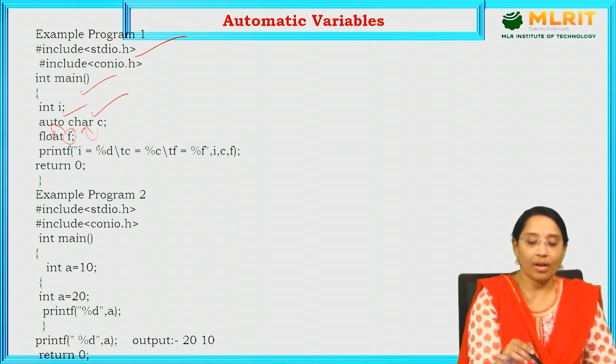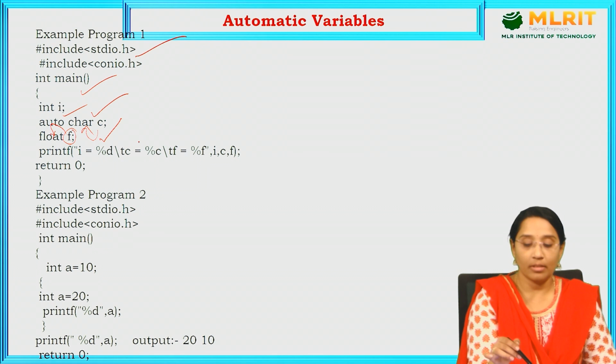So printf i is equal to %d, \t to get one tab space, and c is equal to, because we are using a character data type, the format specifier for character is %c, and here one more data type was declared which is float, so the format specifier will be %f, and the variable is f. So we are printing i, c and f here.